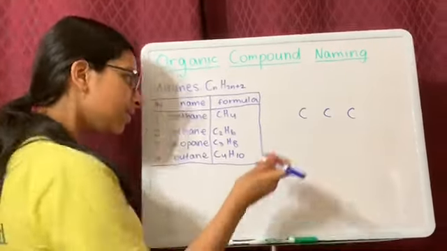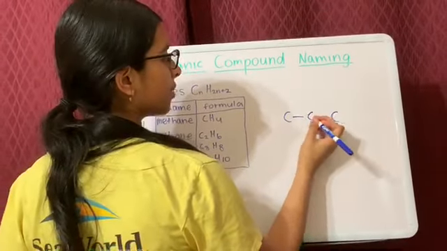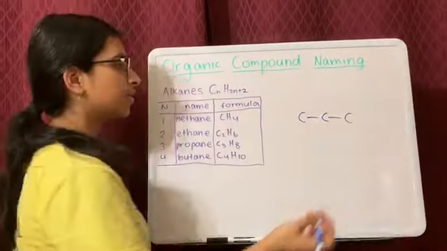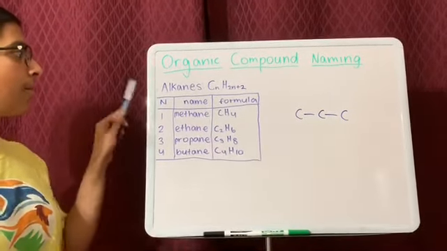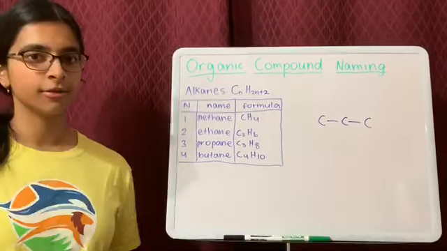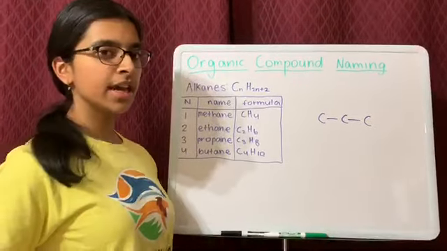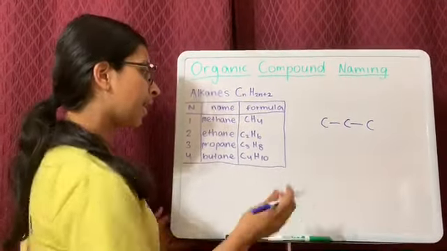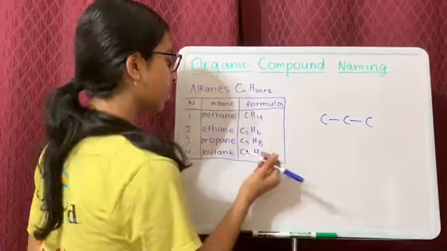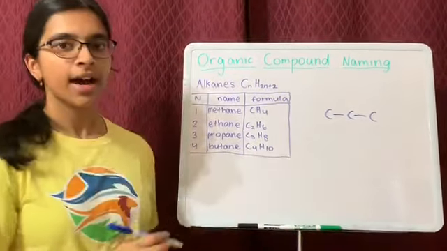So these carbons, you have to bond them to each other. And we know that alkanes contain only single bonds, so we don't have to worry about a double or a triple bond. So now we have our 3 carbons in propane, and now we have to have 8 hydrogens.